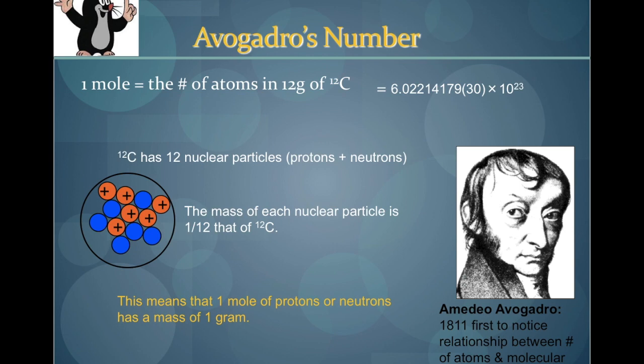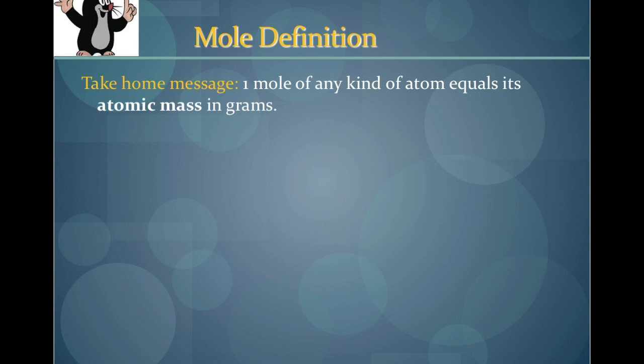So basically, what this means is that 1 mole of any kind of atom equals its atomic mass in grams. For example, if we have 1 mole of hydrogen, its mass is 1.01 grams because it has one proton in its nucleus. And it's not exactly one because there are some other isotopes.